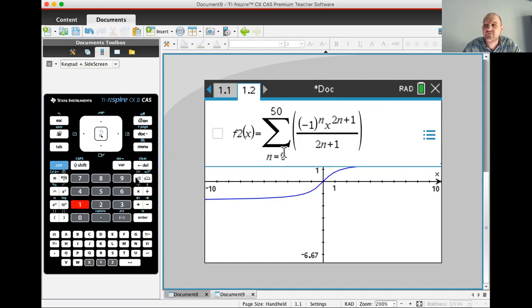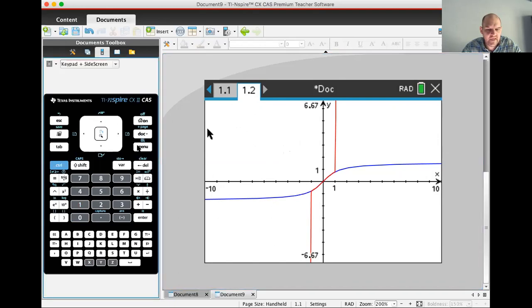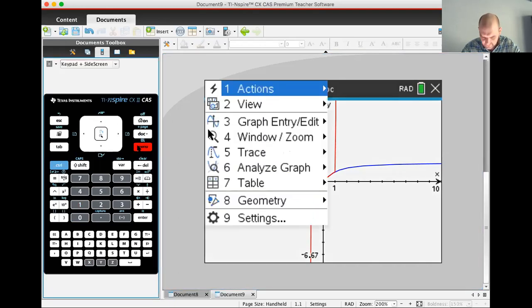So we're trying to see if it converges at -1 and 1, which I think, I mean, it looks like it does. I guess it must.